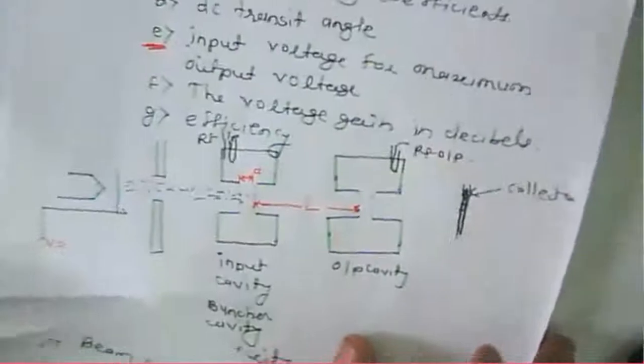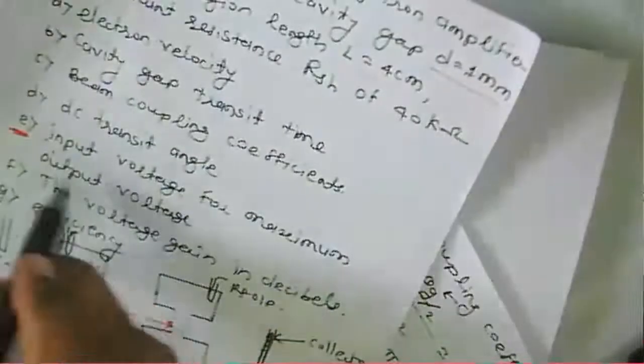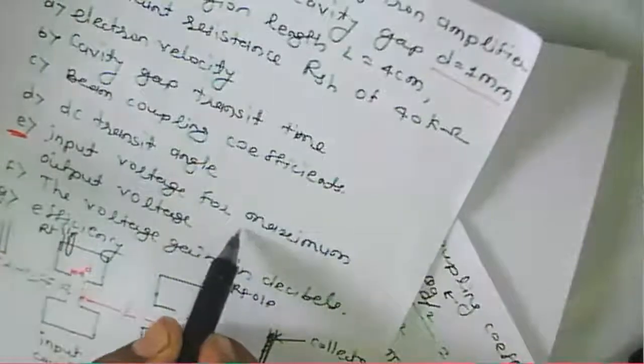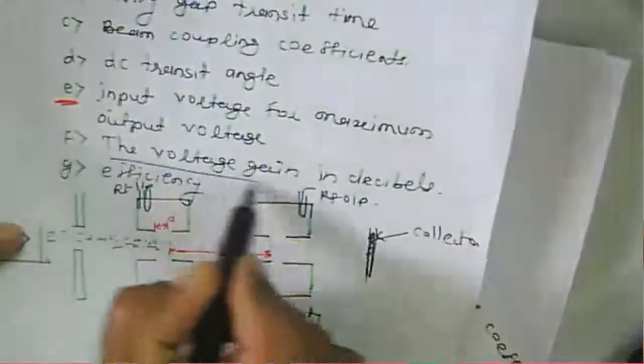The next term is the voltage gain in decibel.